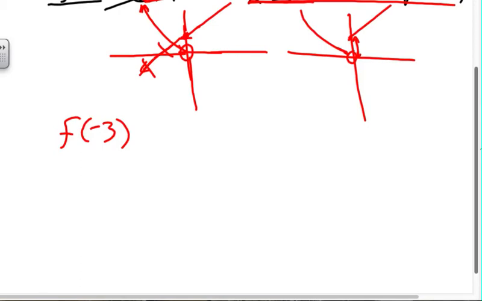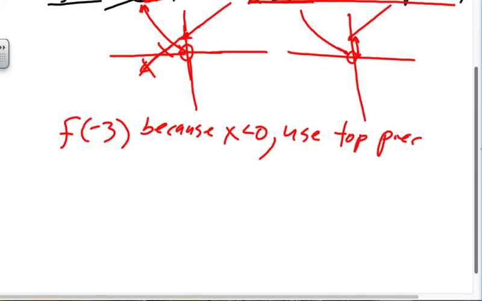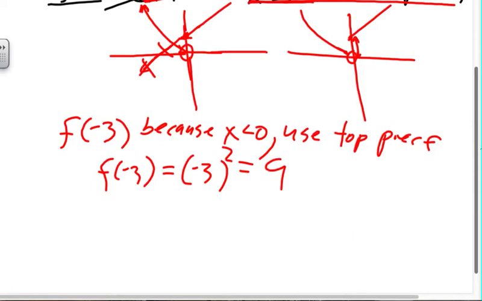Since this is a negative, I'm going to use the top piece of this thing. Because my x is less than 0, I'm going to use the top piece. So f of negative 3 is going to equal negative 3 squared, which is 9.